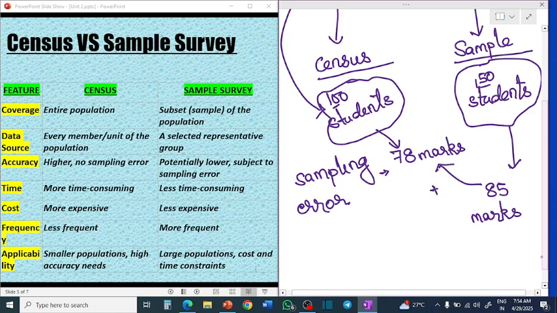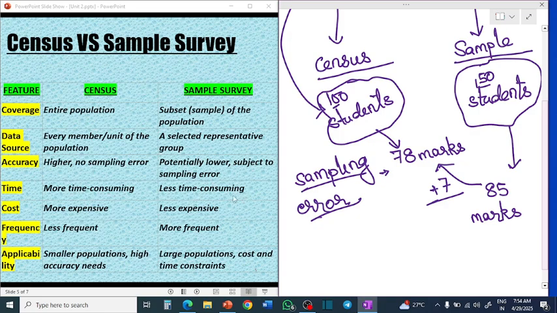So there is a +7 difference, and this is known as the sampling error. So when we collect data from a census, there is no sampling error, and a sample is subject to sampling error. Then if we see the time, census is more time consuming.